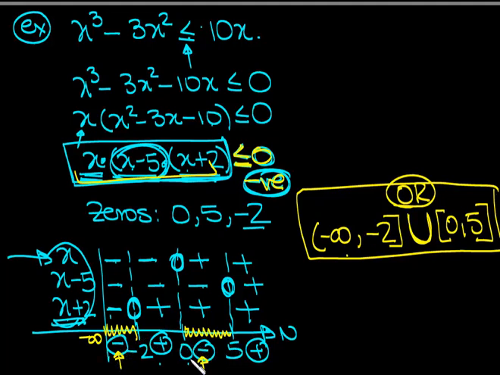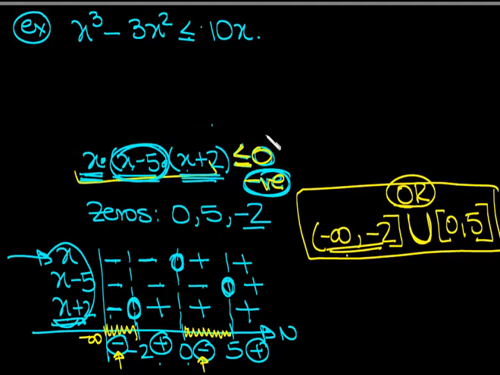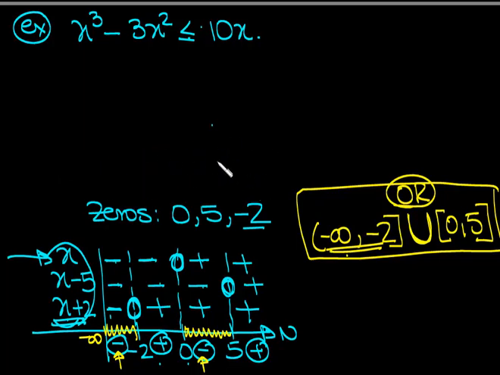Let's check the answer in both. Okay, so let's pick a number to the left of -2. So let's say I pick -3. That's in this interval, correct? So let's test it. So let's plug it in here. We want the left hand side to be less than or equal to the right hand side. So let's calculate the left hand side.